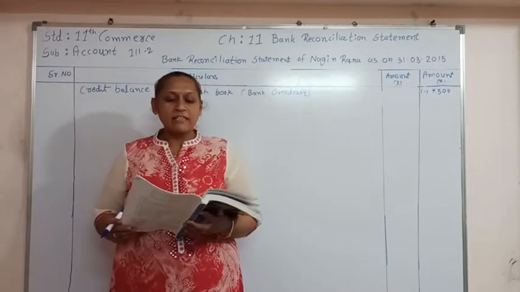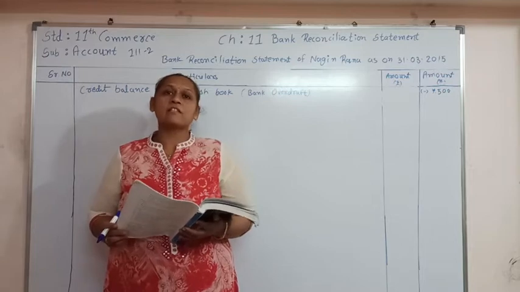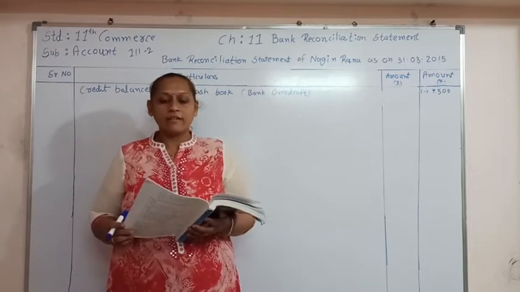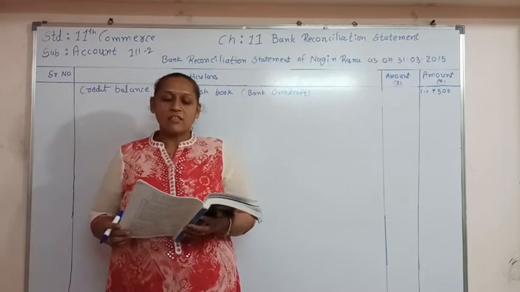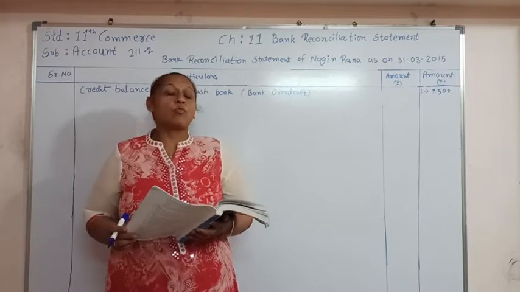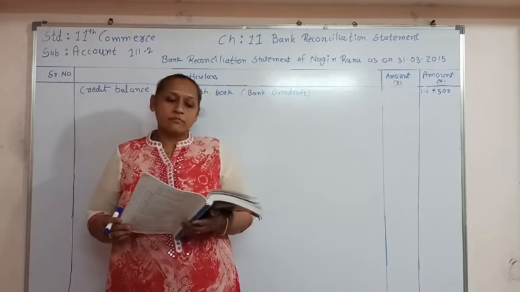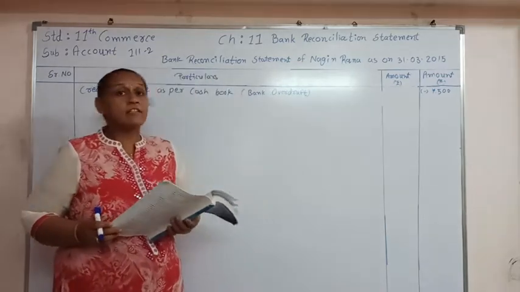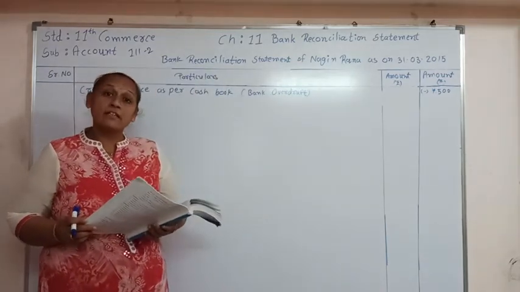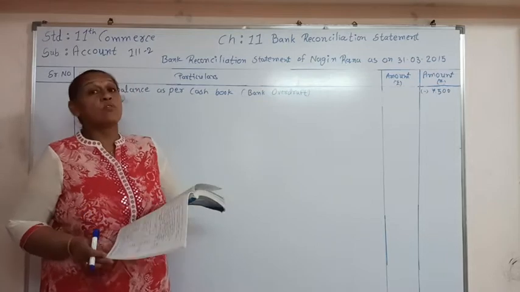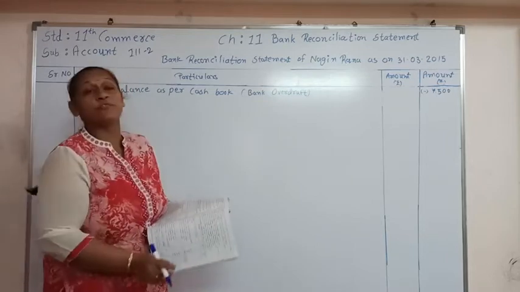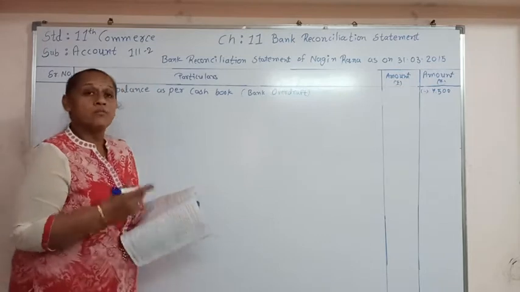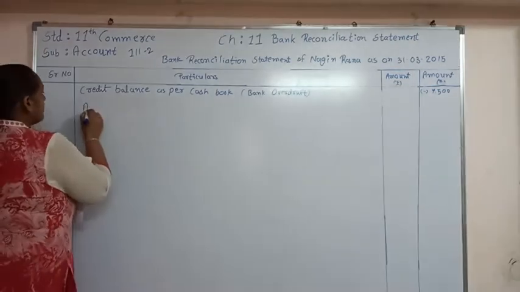Transaction number 1. A check of rupees 15,000 deposited in bank on 28/3/15, but still it is not recorded in the passbook. So here the check is deposited, that means it is written in the cash book but not written in the passbook. So we have to deduct that amount from this balance.